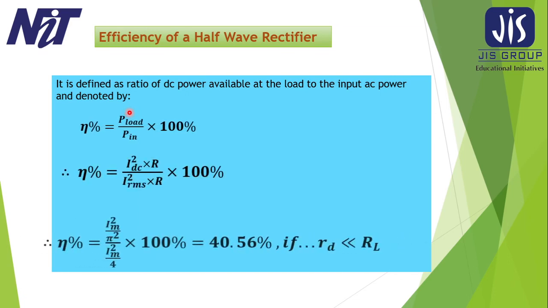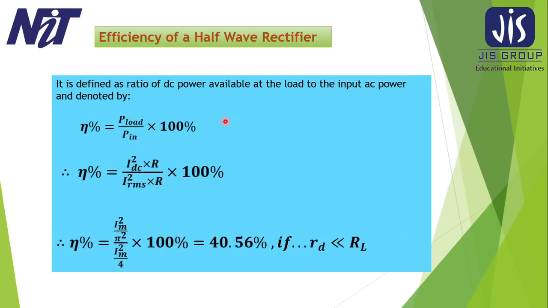It is defined as theta percentage, P load, power at load, divided by power of input, power consumed at input. Finally we will get this factor as a constant value for a half wave rectifier, which is ideally 40.6, and after multiplying by 100% it comes in percentage form.